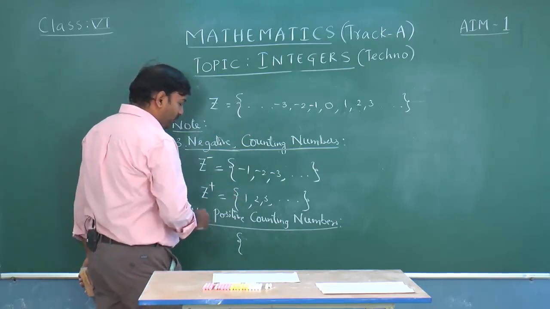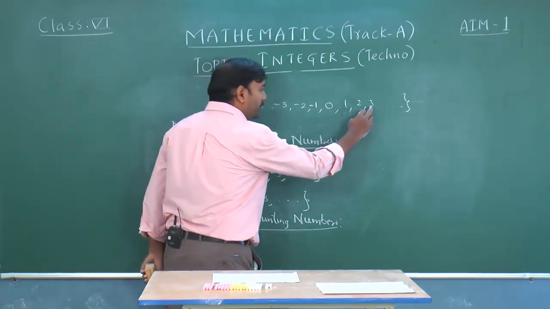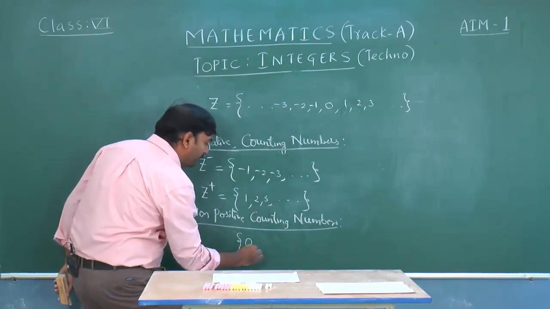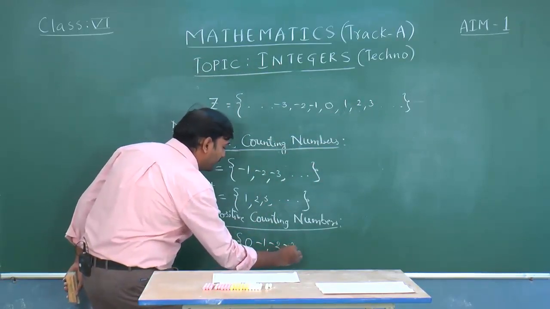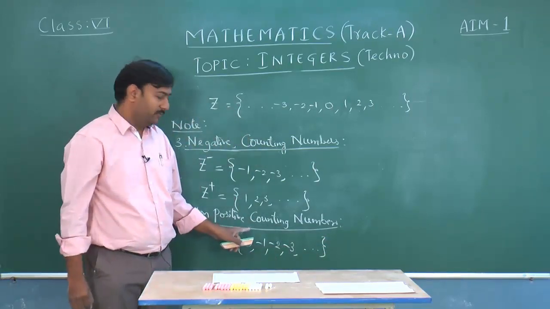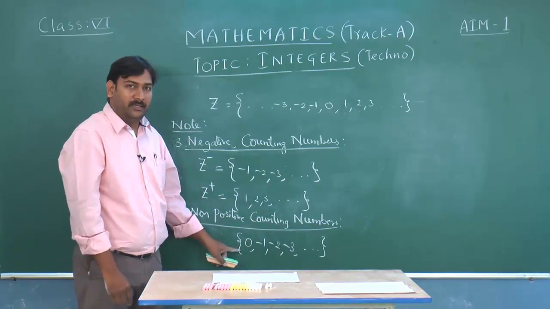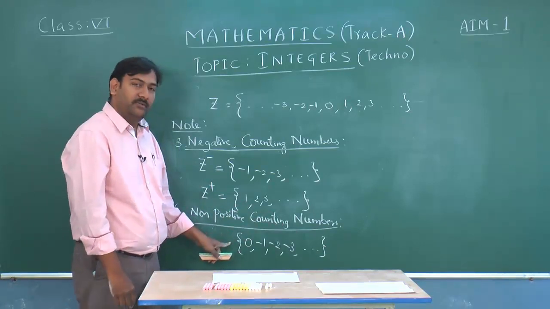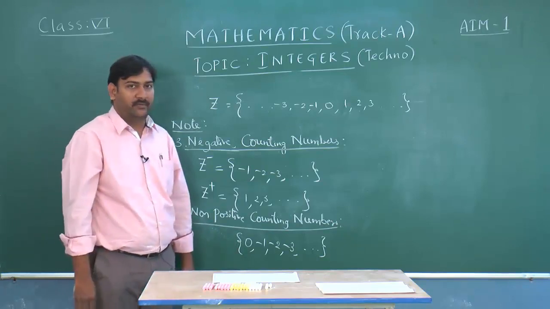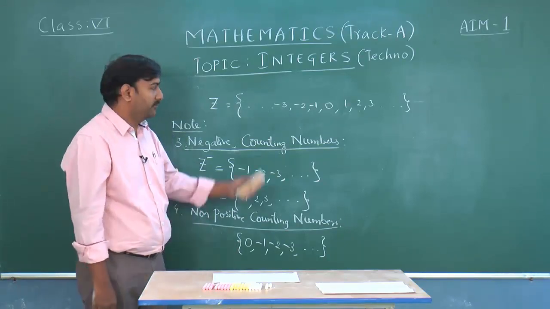We should not consider the positive integers, so you take the non-positive integers, that means you take 0, -1, -2, -3 and so on. This is the set of non-positive counting numbers. This set does not have any notation for representation.